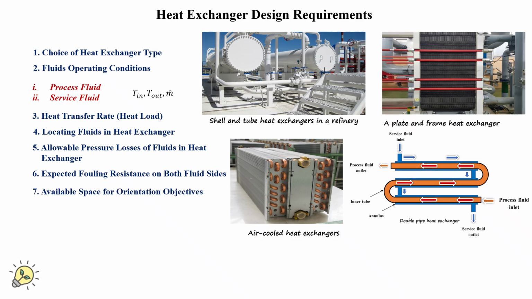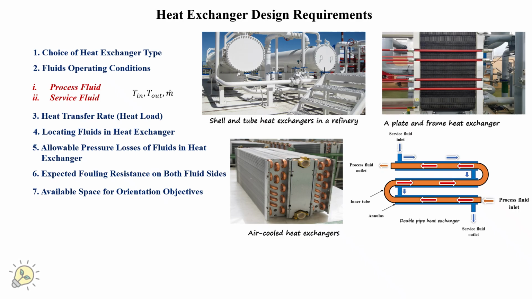And then the available space for orientation objectives. It could be a vertical heat exchanger, an inclined heat exchanger, or a horizontal heat exchanger. So usually it depends on the available space in that site within the unit.